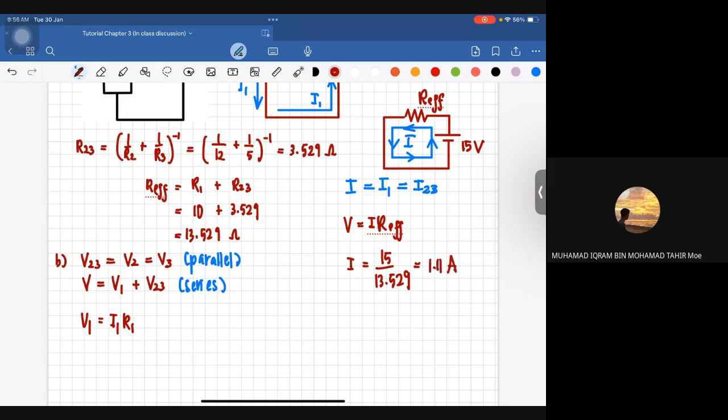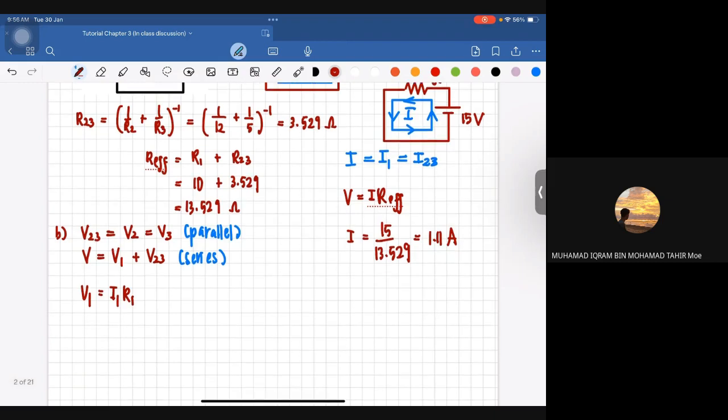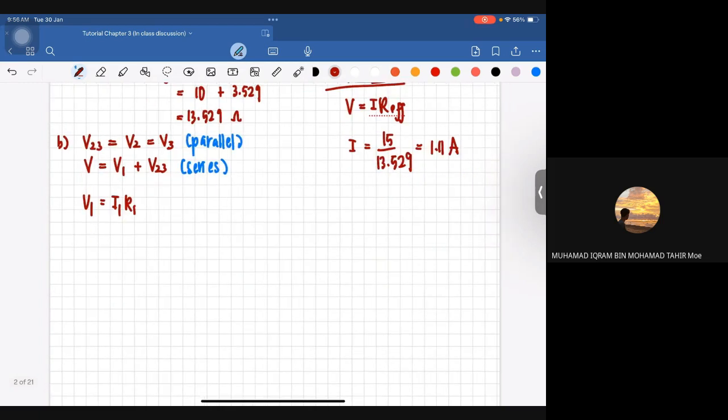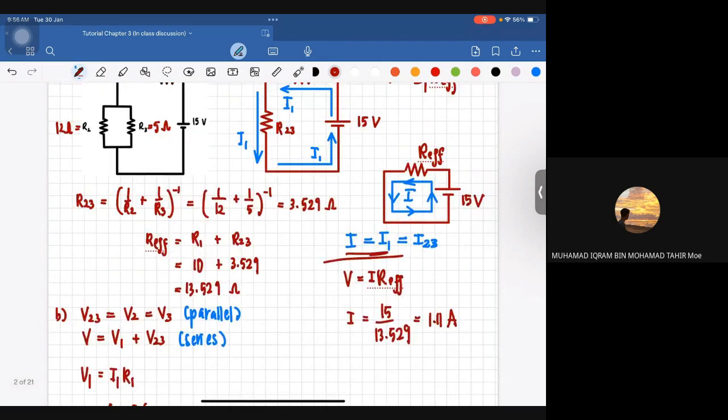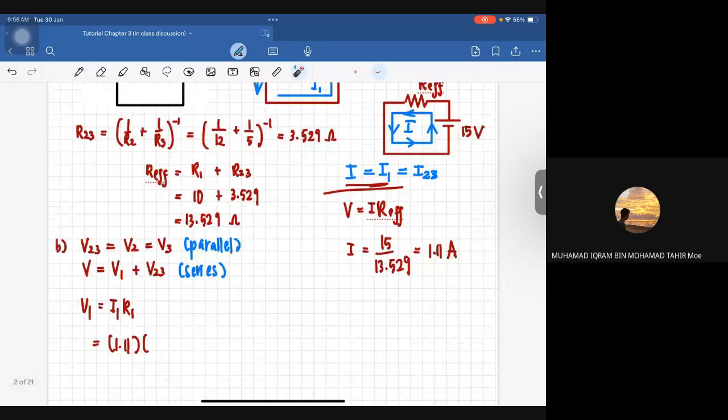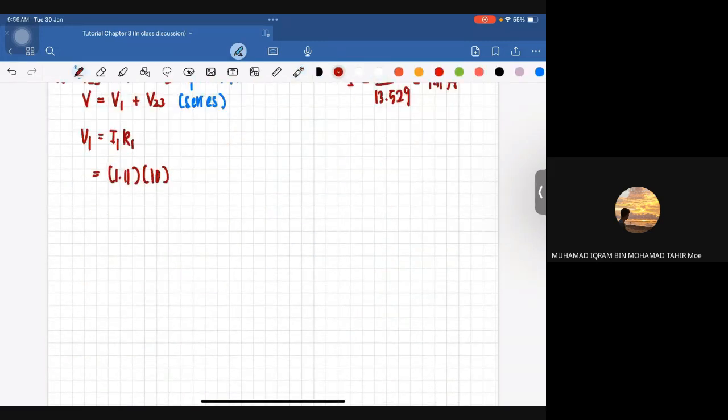So itu adalah the current. So since kita sudah declare di sini I akan equal dengan I1, so I1 akan equal to 1.11. Resistor number 1 is 10 ohm. So kita substitute je lah 10. So dapat V1 which is equal to 11.1 volt.